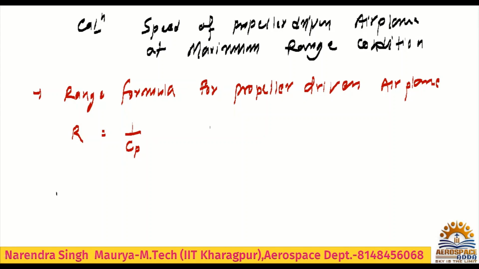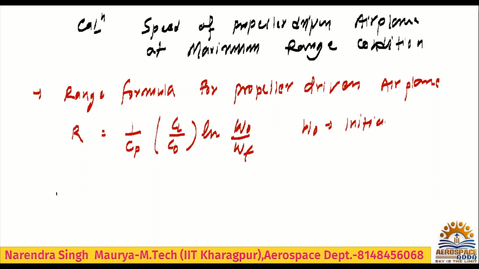So that's the reason here we are writing cp, means power specific fuel consumption. Now that formula will be CL by CD ln W naught by W1. What is W naught? Initial weight. What is W1?